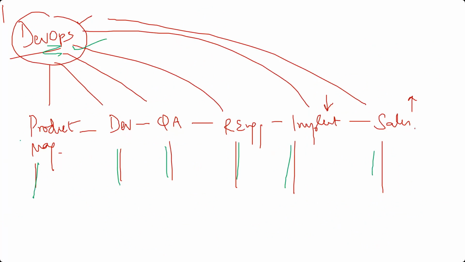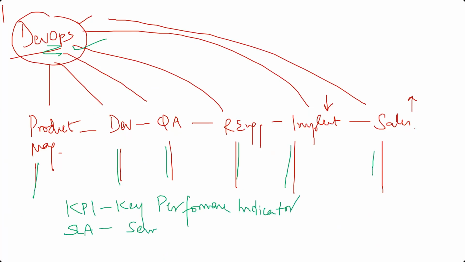How? The question is how. There are 4 terms which you need to remember. One is KPI, which is called key performance indicators. Then comes SLA, service level agreements.